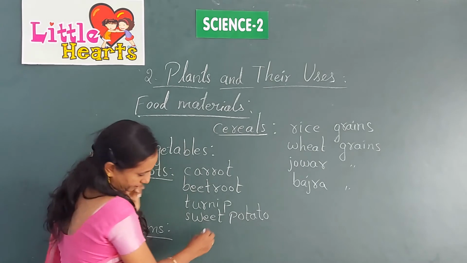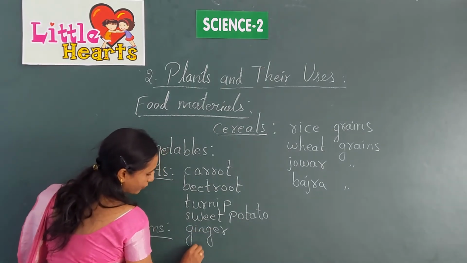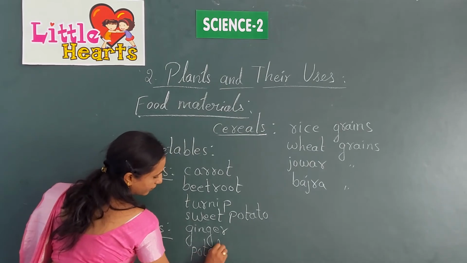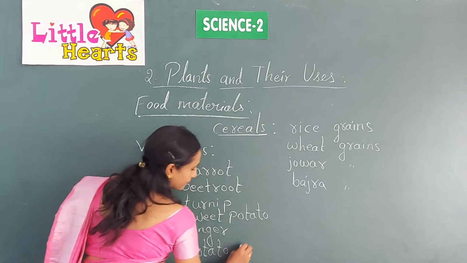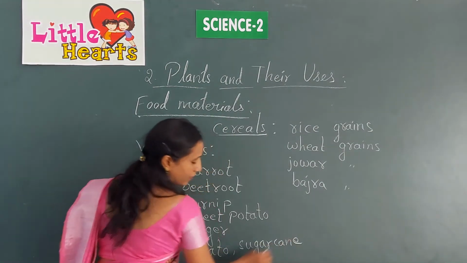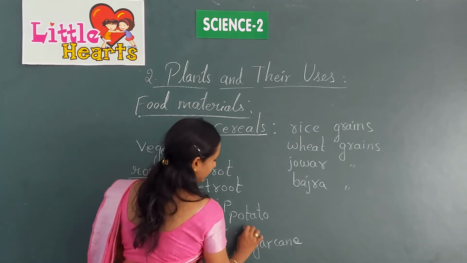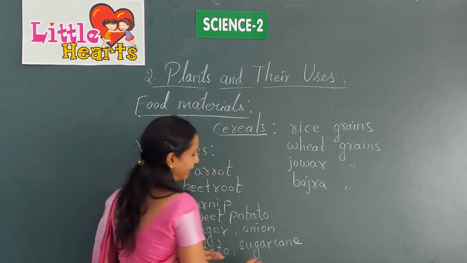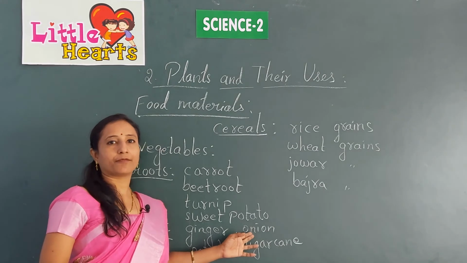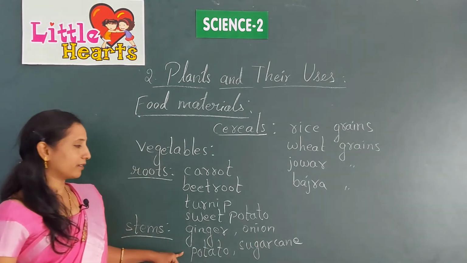Ginger, potato, sugarcane, and one more thing is onion. Onion we eat, mostly we take in every curry. These are the stems.